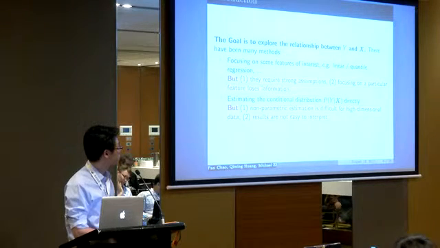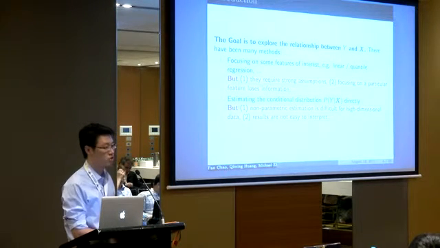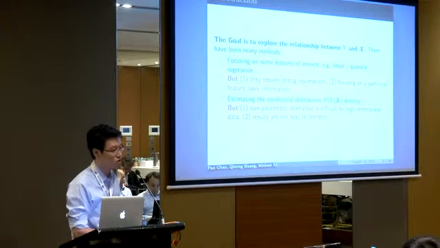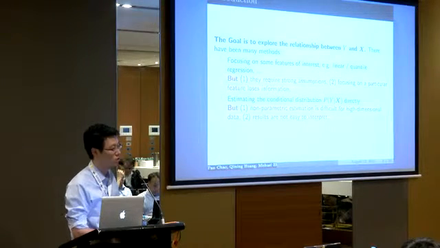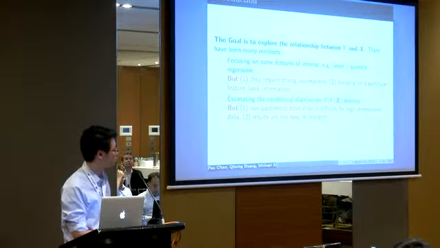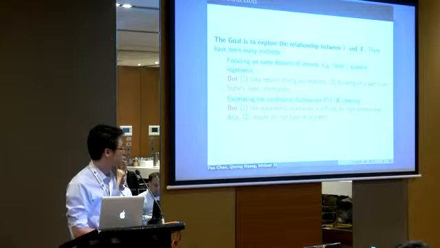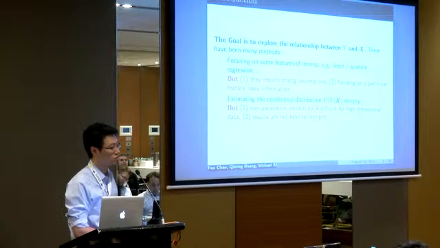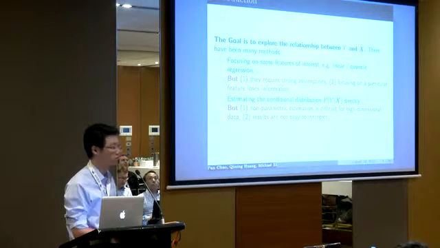But those two methods have some limitations. The first one is obvious: because we only focus on some features, we can't really capture most or all of the information from the distribution. For the second one, we usually use non-parametric methods, so if you are estimating for high-dimensional data, you will have some problems.